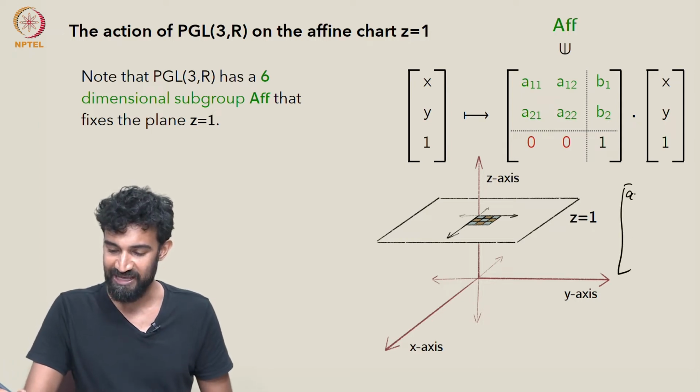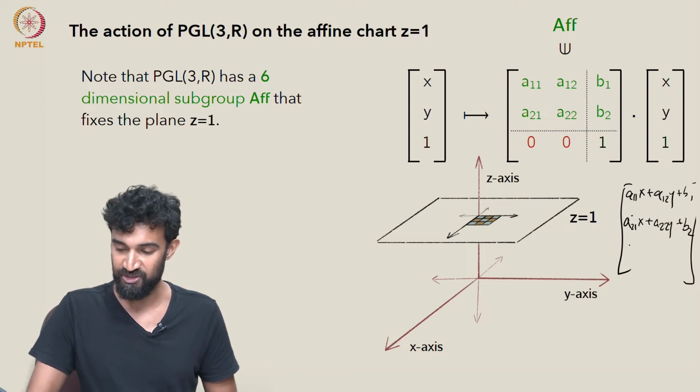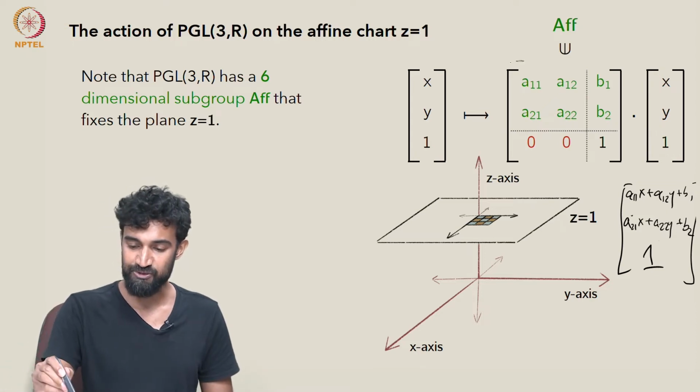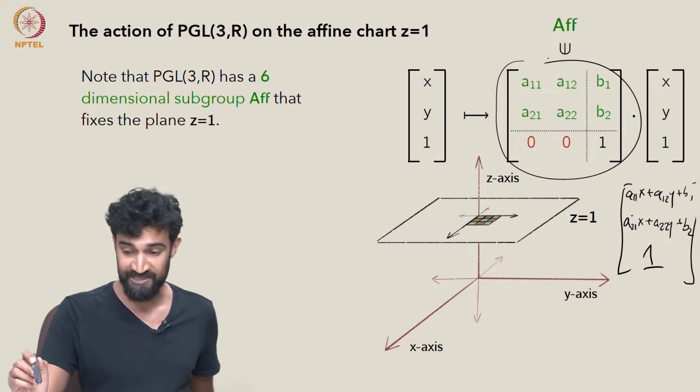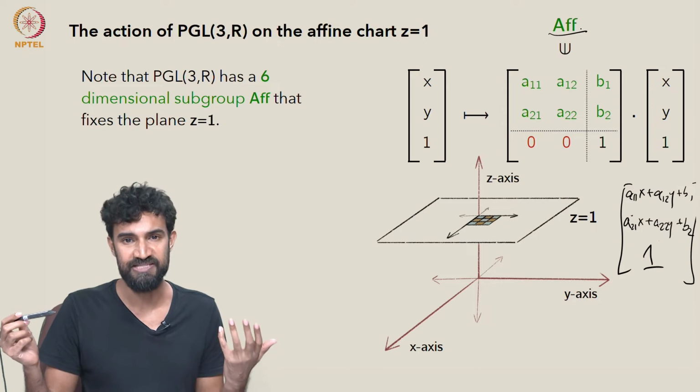We get a11x plus a12y plus b1. For the y coordinate, we get a21x plus a22y plus b2. And finally, for the z coordinate, we get 0 times x plus 0 times y plus 1 times 1, which is just 1. So the z coordinate remains 1. So matrices of this form, matrices in this subgroup AF, will fix the plane z equals 1.